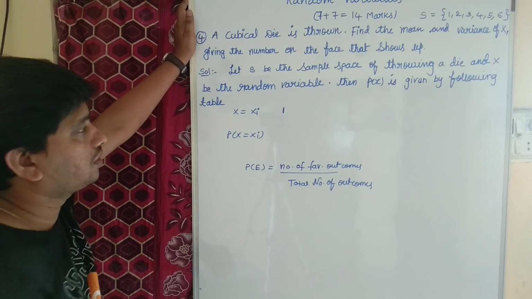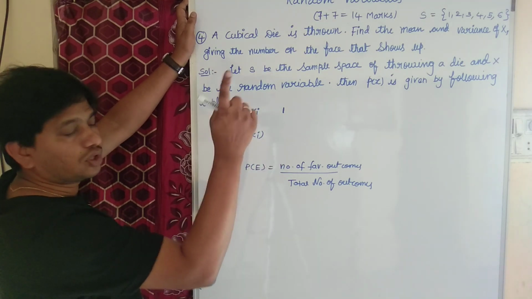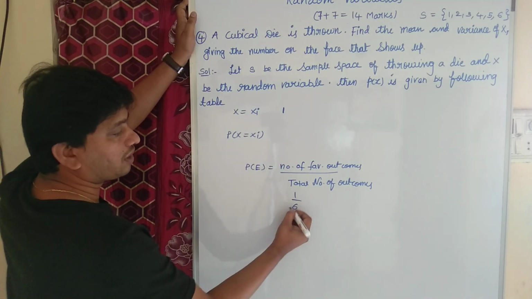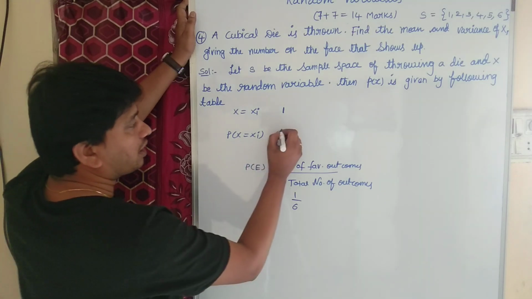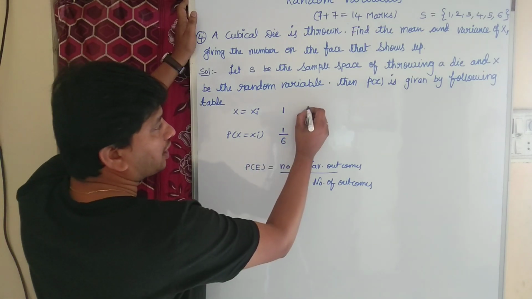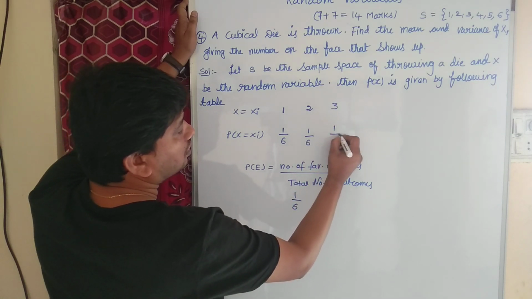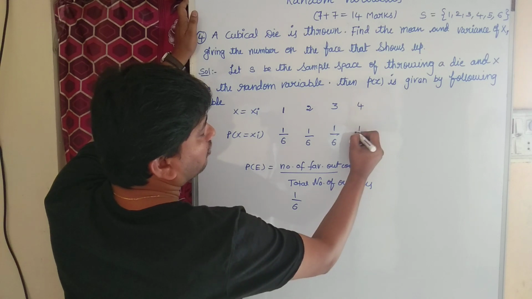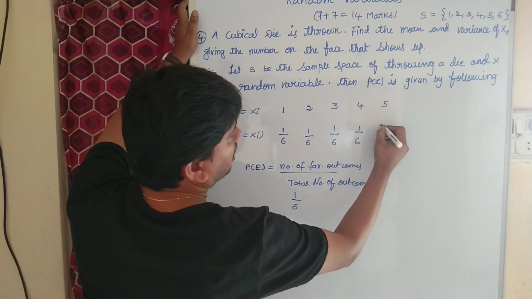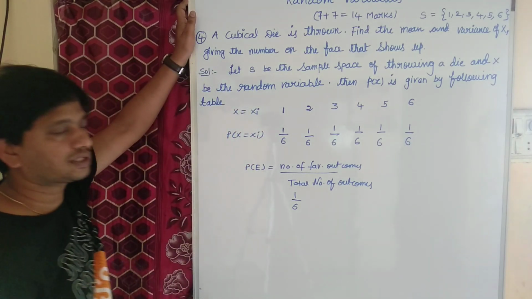Number of favorable outcomes is only 1, and total number of outcomes is 6. Getting 1 is 1 by 6. Similarly, getting number 2 also 1 by 6. Getting number 3 also 1 by 6. Getting number 4 also 1 by 6. Getting number 5 also 1 by 6. Getting number 6 also 1 by 6.